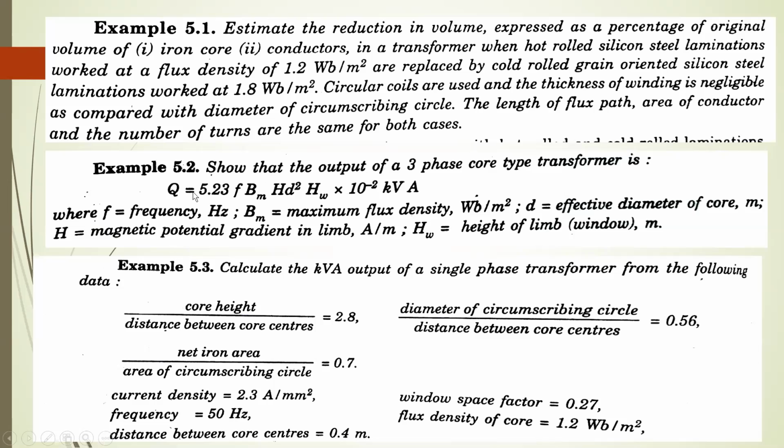Q equal to this relation we have to find, 5.23 F Bm H D square Hw, where F is the frequency given in hertz, and Bm is the maximum flux density in Weber per meter square. D is the effective diameter of core in meter. H is the magnetic potential gradient in limb, ampere per meter. Hw is the height of limb in window.